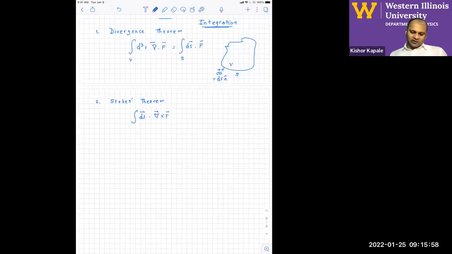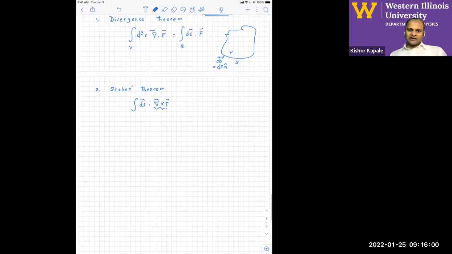Because it's a vector quantity, to make sense of it inside an integral, you need to have a dot product of it with some vector quantity, which is now the normal to the surface. This is the only combination that is meaningful, because the integrand should always be a scalar quantity. You can't have a vector and do an integral of that. That does not make sense.